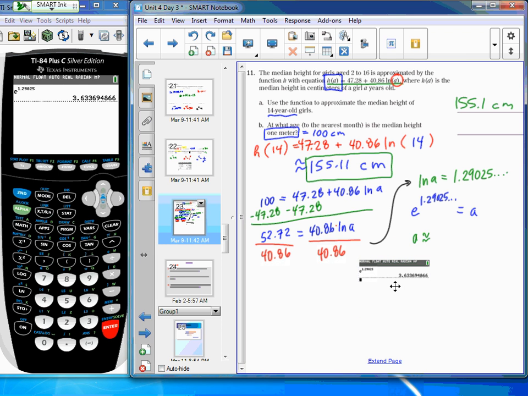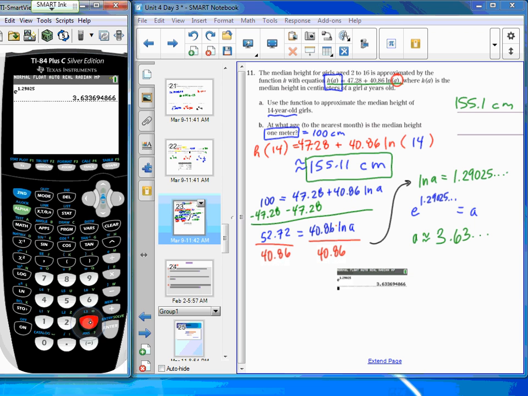So how are we going to get that to the nearest month? If it's 3.63, what portion of a year is 0.6333? How far into 12 months is that? Looks like complete July and into August.